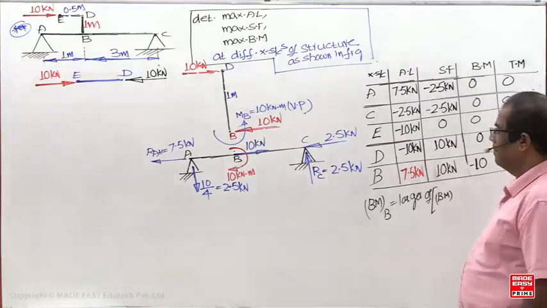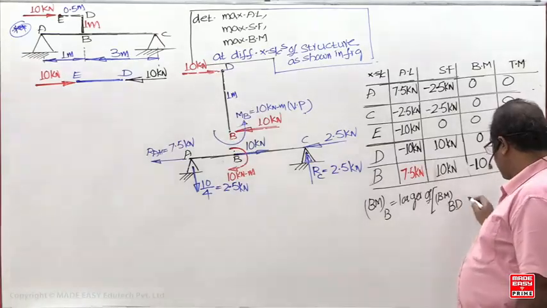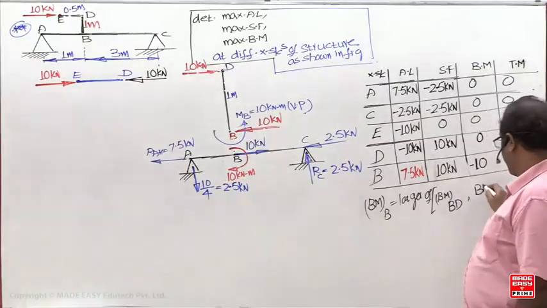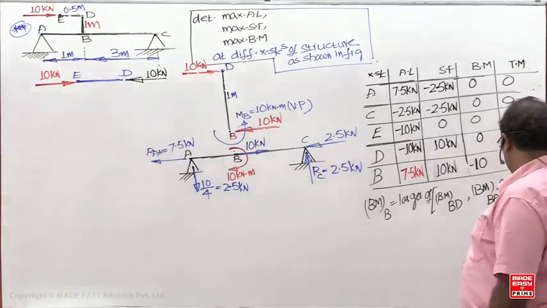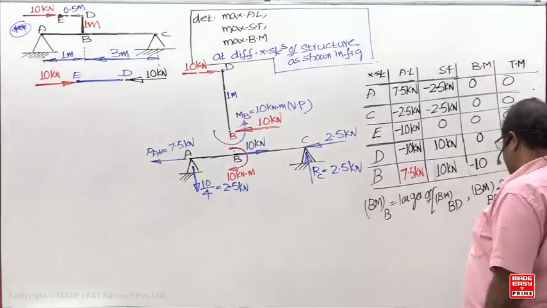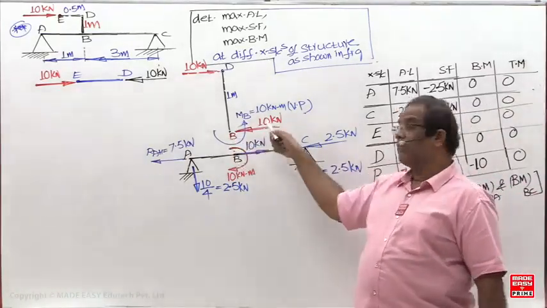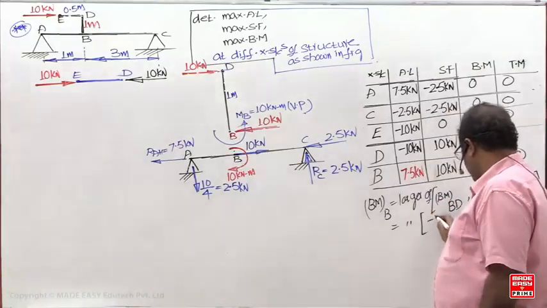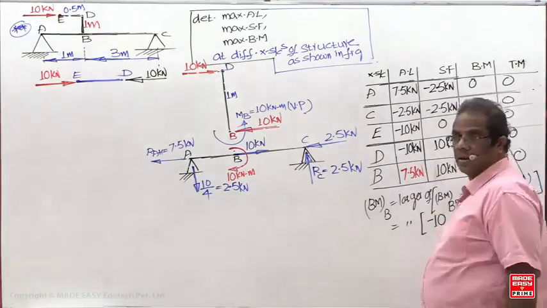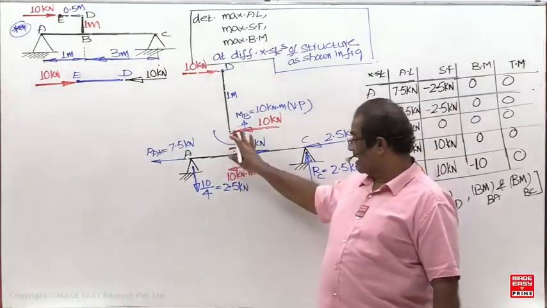Larger of what now? B belongs to BD. Next, B belongs to BA. B belongs to BC. Because B belongs to 3 members. But this has become the extreme. Directly this couple will become the bending moment. So larger of minus 10. But this is a junction. When a couple is acting, 2 bending moments will be there. If you neglect it, what is the value?